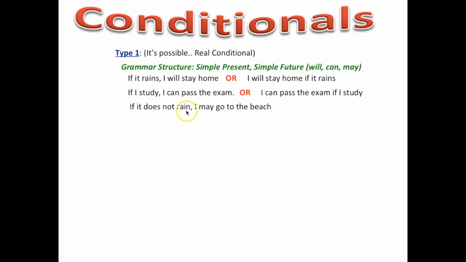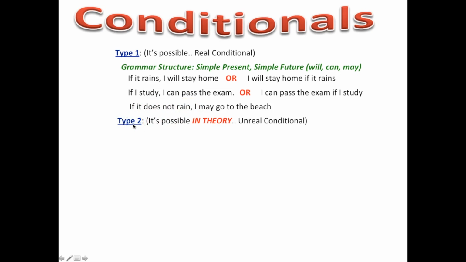So, if it does not rain, which is the same as doesn't, you can use the contraction doesn't. If it does not rain, I may go to the beach. You already know that we can put I may go to the beach if it does not rain, and then we don't use the comma.